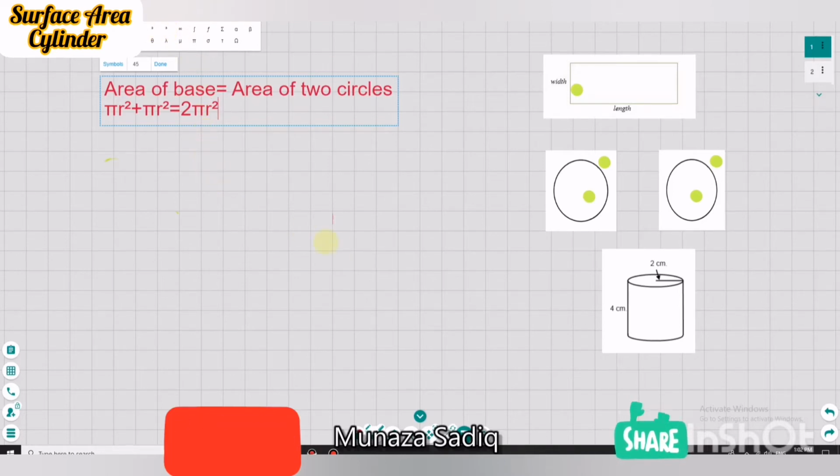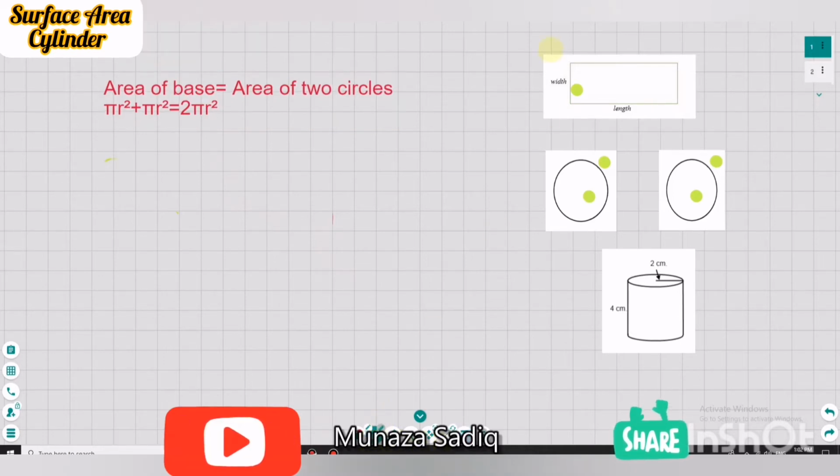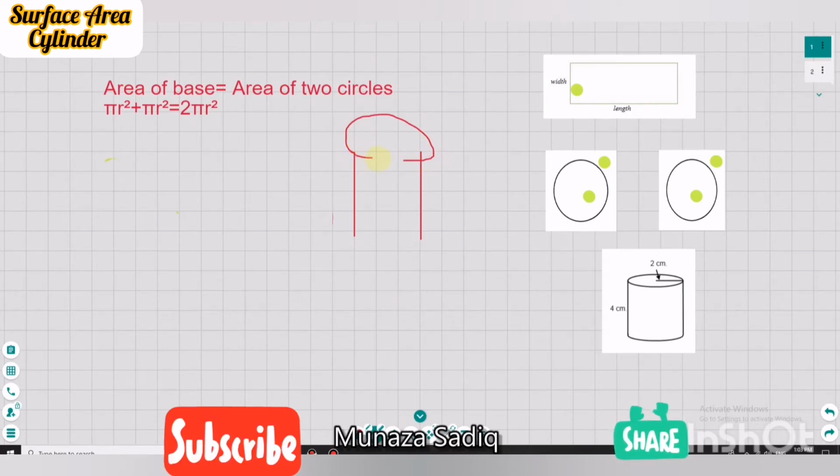Now the question is how to find the area of the rectangle. The rectangle is folded by a circle. This one is the rectangle. The upper edge is a circle, and it is covered by folding like this. The circle is on top, and the same below the rectangle.